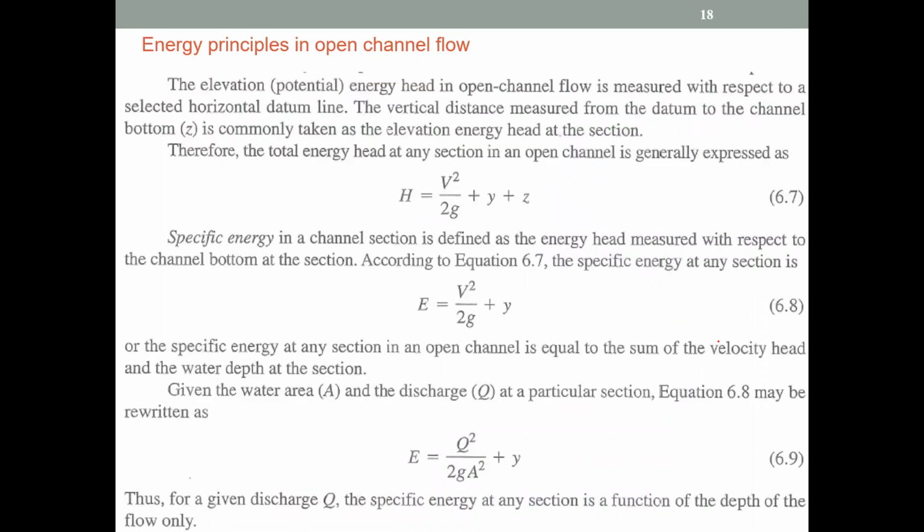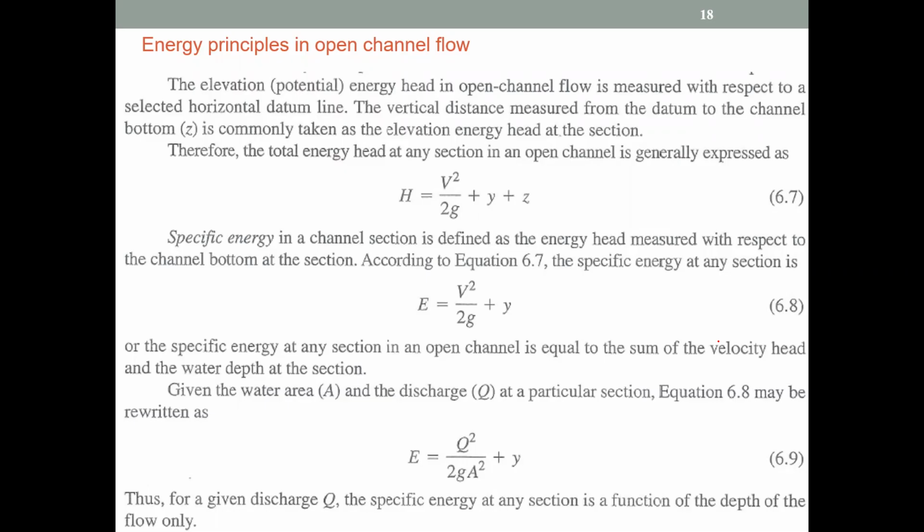Right. Now the energy principle. As I said, there are three governing equations: the energy equation, the momentum equation, and again, using the momentum equation, we derive the Chezy-Manning equation. These are the basic equations we use in open channel design.